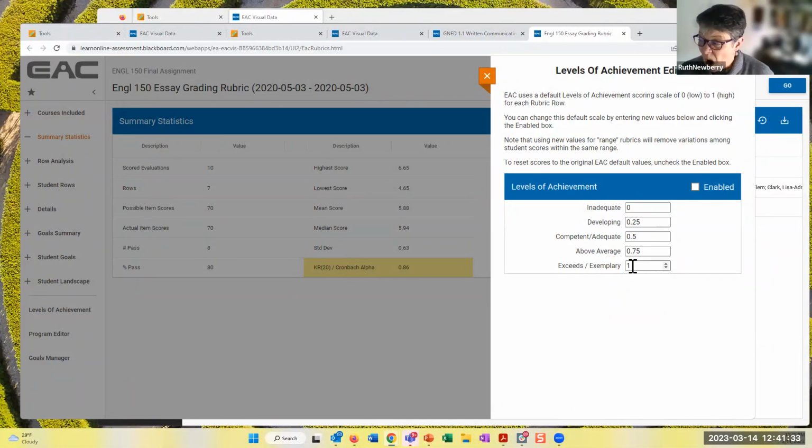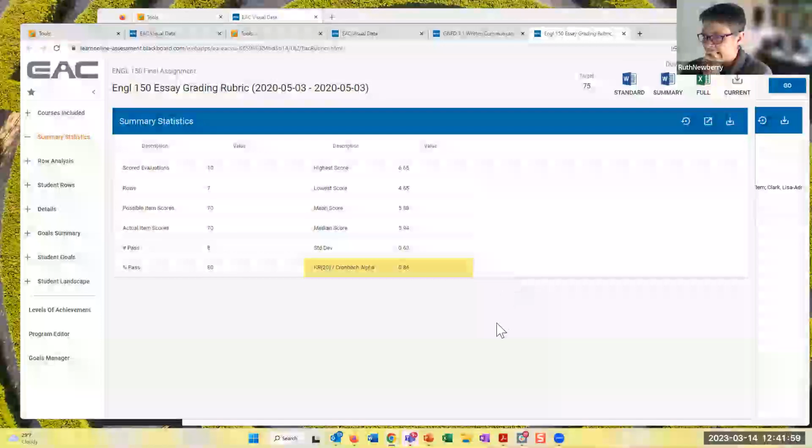Now, I could alter this a bit if I wanted and spread it out a little bit more. I could also go 1, 2, 3, 4, 5, if that makes it easier for me to understand. But this will show you how the rows, the columns, the levels of achievement are being interpreted. So I'm just going to leave it set right now.